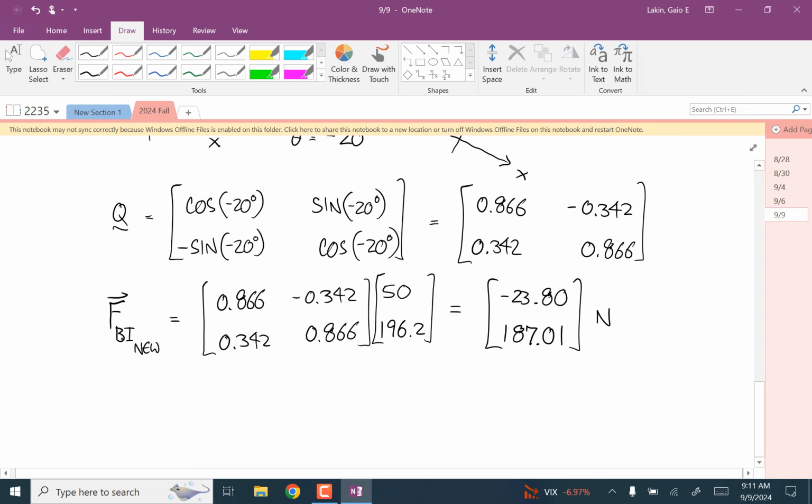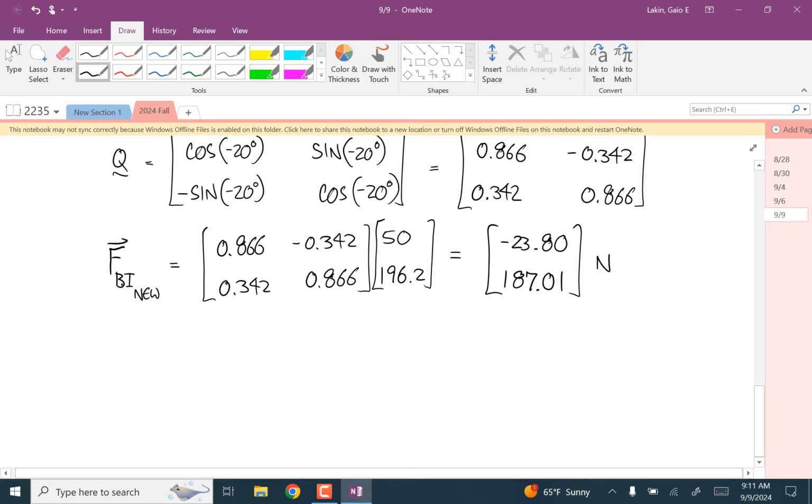Okay, and so this is now a vector in this coordinate system. We have a horizontal component like this and a vertical component that's much bigger, like this. And so the total is this.